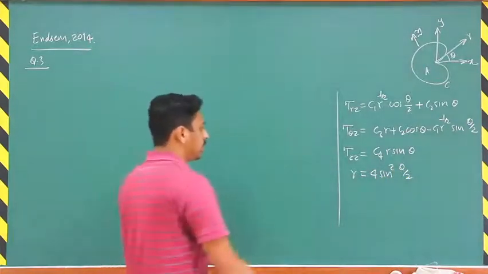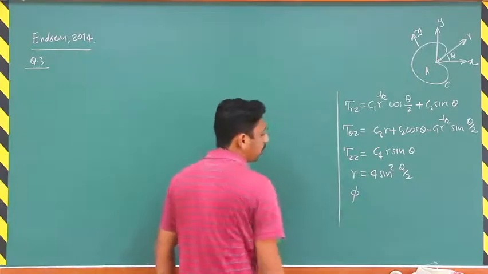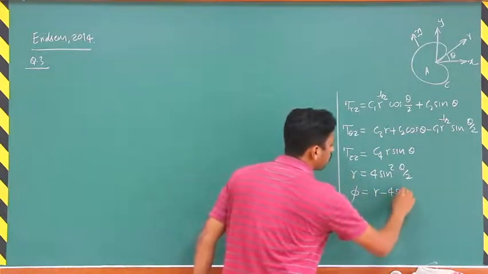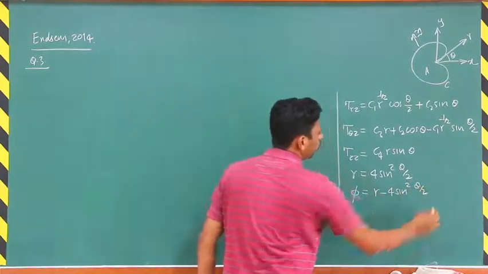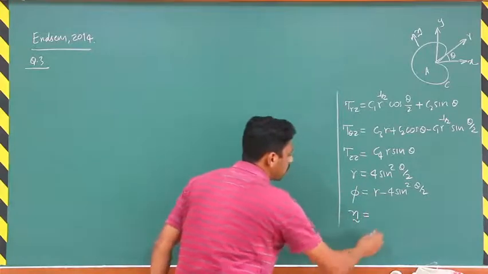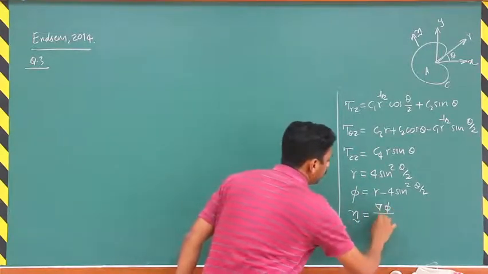So let's take the equation of the contour to be phi, which is represented by phi equals r minus 4 sin square theta by 2, and we know the normal to the contour is given by del phi divided by mod of del phi.